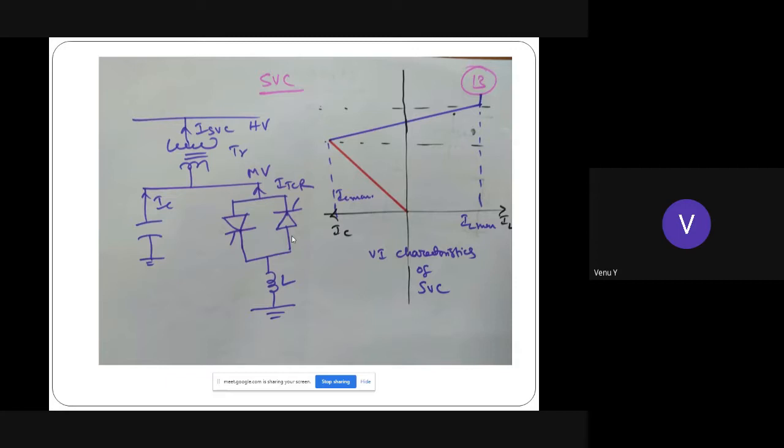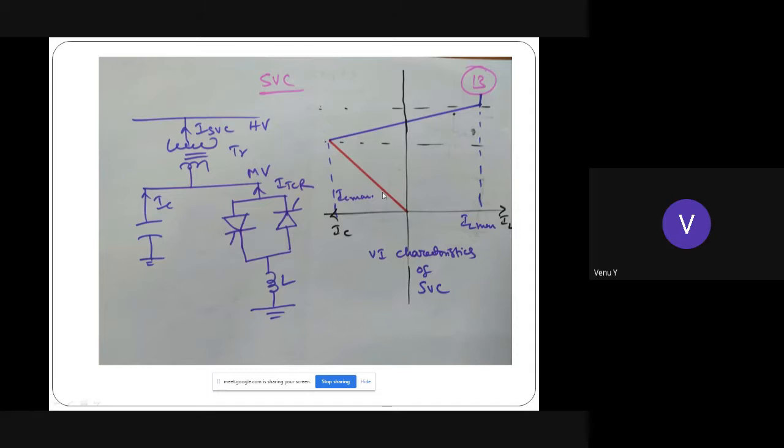The THD content of the SVC can also be decreased. So that is one implementation for reduction of harmonics. The other implementation is beyond our scope. Anyhow, you can refer to my videos for that.